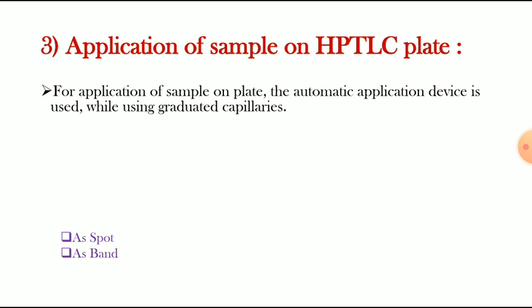See, in an ordinary TLC plate, we are using the capillaries for applying the sample, but in an HPTLC plate, here we are using an automated machine, or you can say device, for spotting the sample.